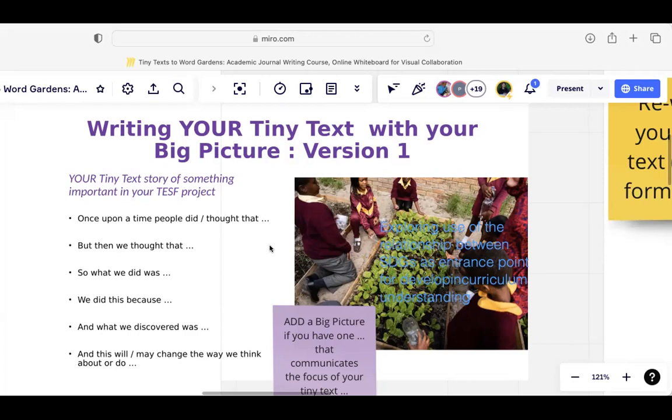In particular, the people in the university that are influential when it comes to managing the university and its operations need to be more involved. And this will or may change the way that we think about or do sustainability in our universities. You see what I'm saying? So just tell a little story about your particular work.